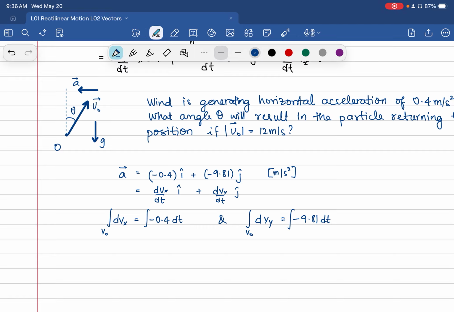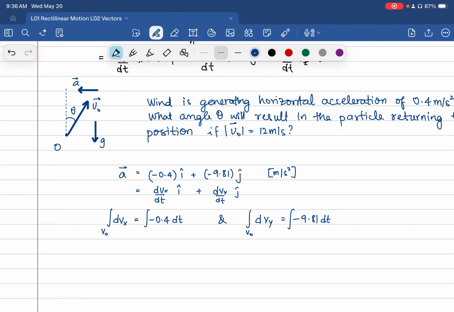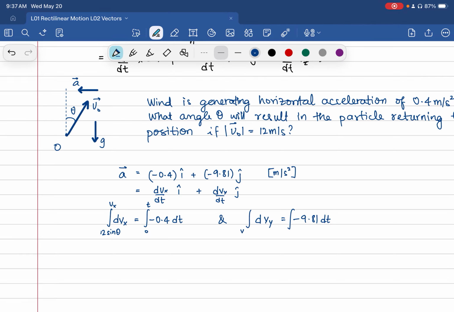So in the vx case, you want to have the x component of v. So that is, in this case, v naught sine theta. So it will be from v naught sine theta, which is 12 sine theta at time t equal to 0, to whatever is vx, and this here would be to time t. Similarly, for vy, it would be v naught cos theta to vy, going from time 0 to time t.